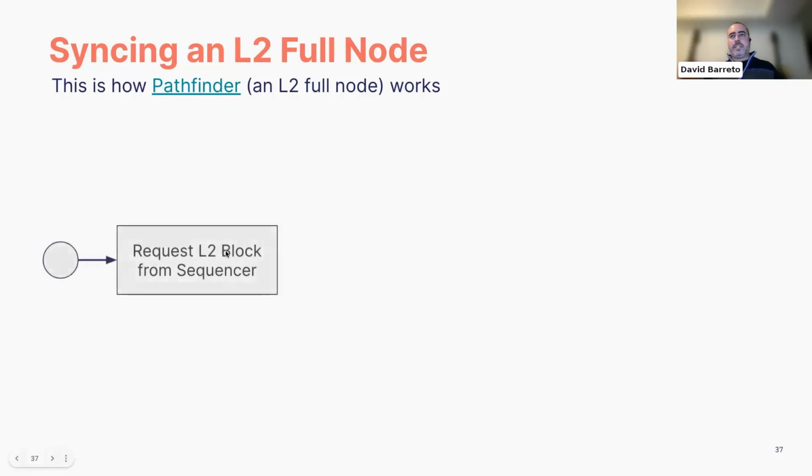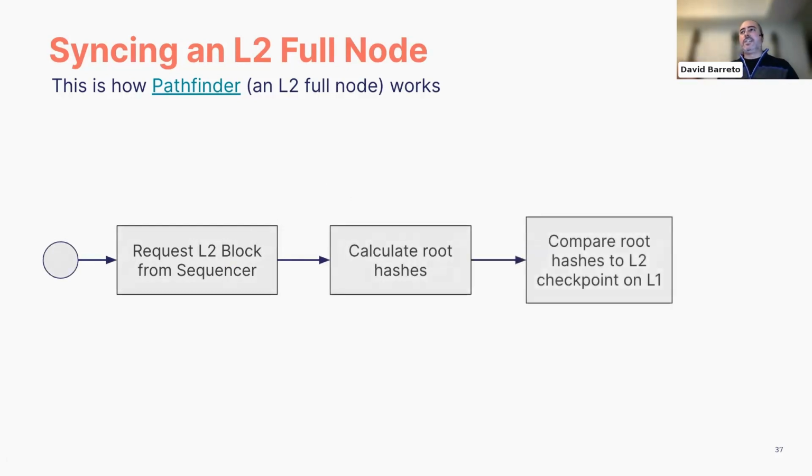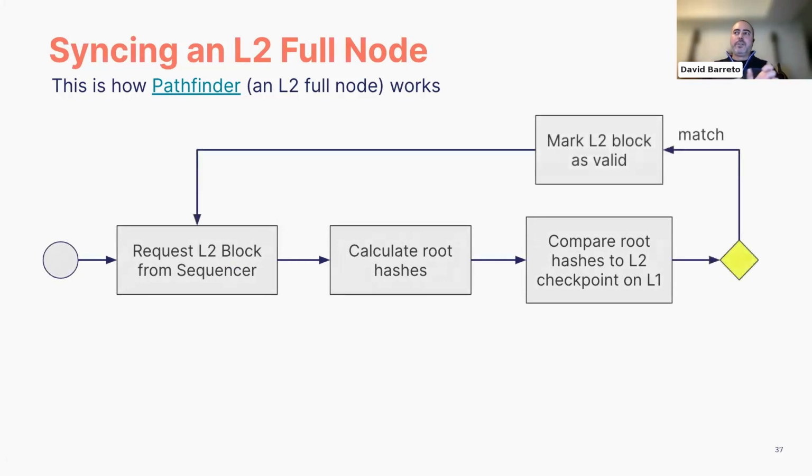The way that it works is that when Pathfinder is syncing your node, it requests a block from the sequencer. Give me a block, right? And then it calculates the hash. Then it compares this root hash of the layer 2 block to a checkpoint of that state on layer 1. And it says, okay, if those two hashes match, this block is valid.